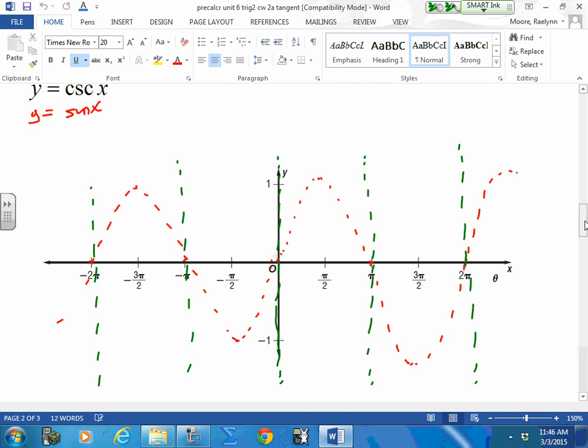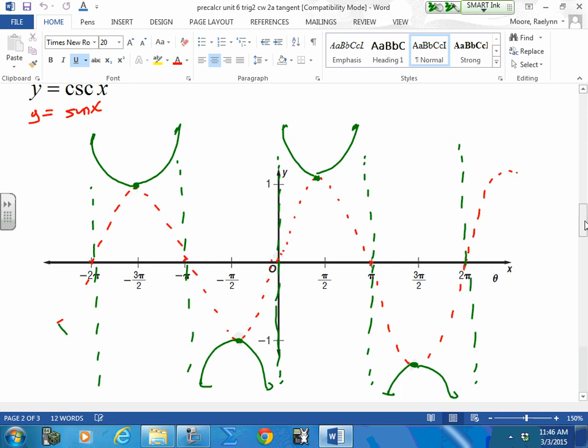Now, here's your easiest way. 1 over 1, when I flip it, is 1. 1 over negative 1, negative 1. These guys are where I start making my curve. They go up. Because it's everything up my curve. So this is how you draw your reciprocals. Okay?